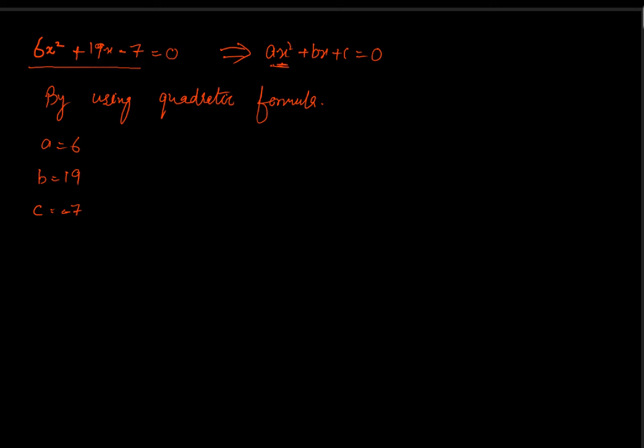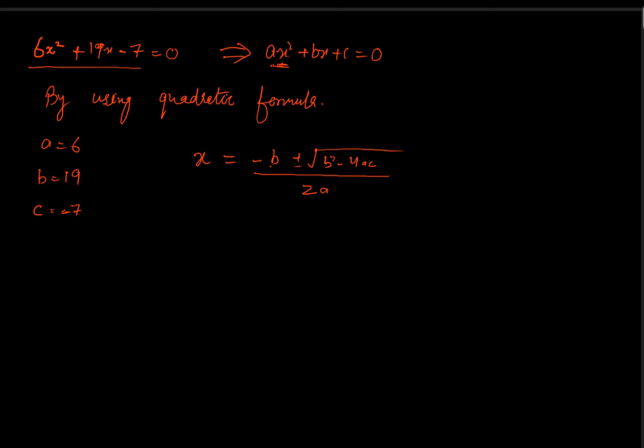Now I will be able to use the quadratic formula. The quadratic formula is x equals minus b plus minus square root of b squared minus 4ac, divided by 2a. So we need only a, b, and c.